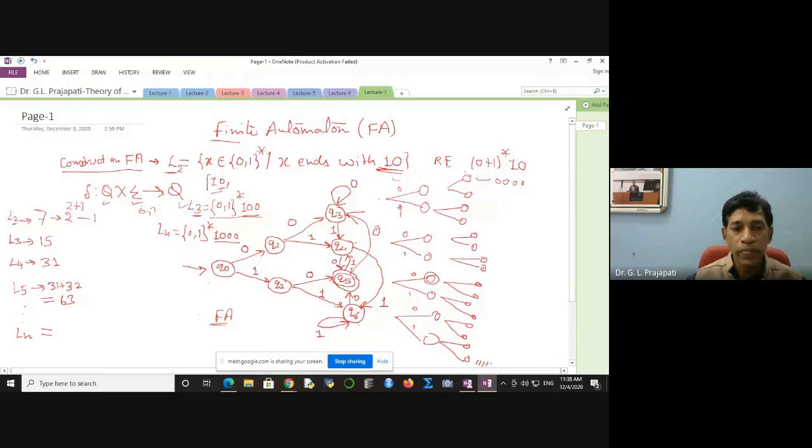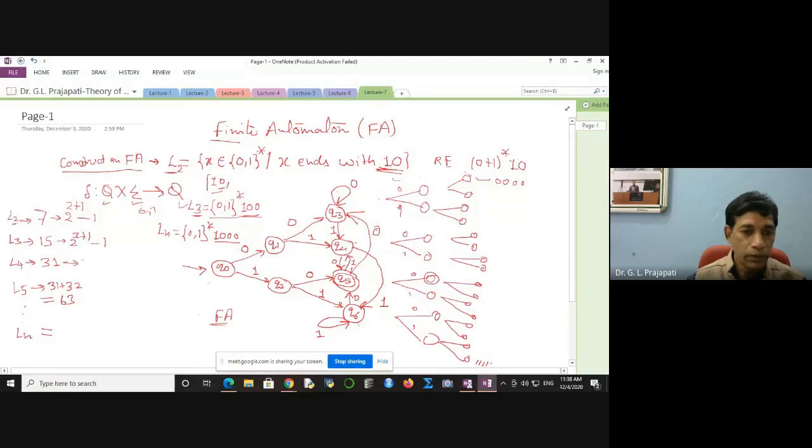So 2 raised to power 3 minus 1 means 7. Then 2 raised to power 3 plus 1 — why 3? Because you want to remember length 3 — 3 plus 1 minus 1. So 2 raised to power 4, 16 minus 1, 15.